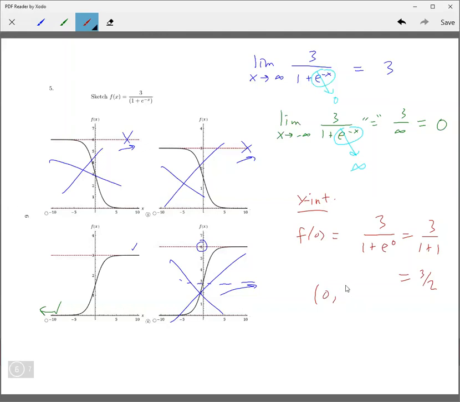So it's going to go through the point 0, 3 halves. And that is right here. That's 1.5. So 0, 3 halves right there. So this one checks all the boxes, and this is what it looks like. This is known as a logistic function, by the way.